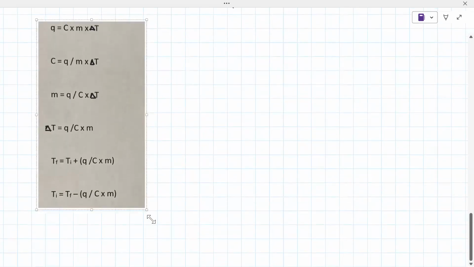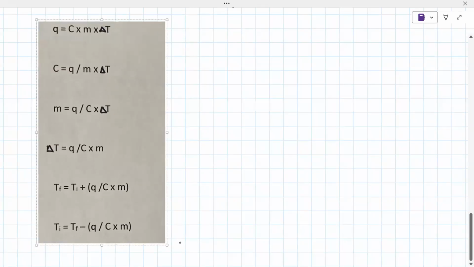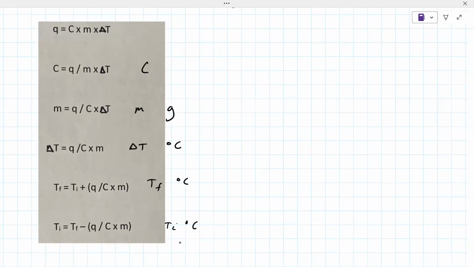So change in temperature, delta T, is in degrees C. T final is degrees C. T initial is degrees C. Mass is in grams. C is joules per gram degrees C, and Q is joules.